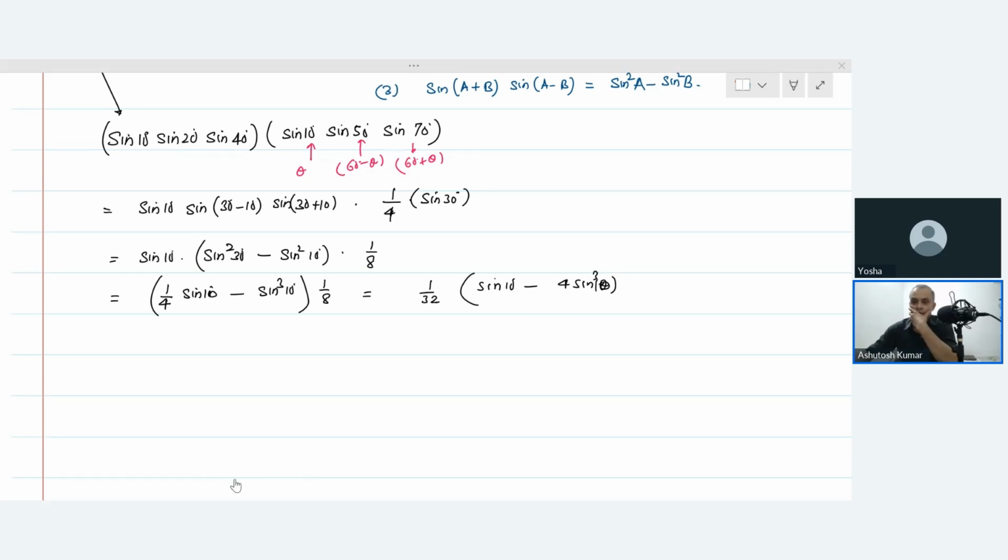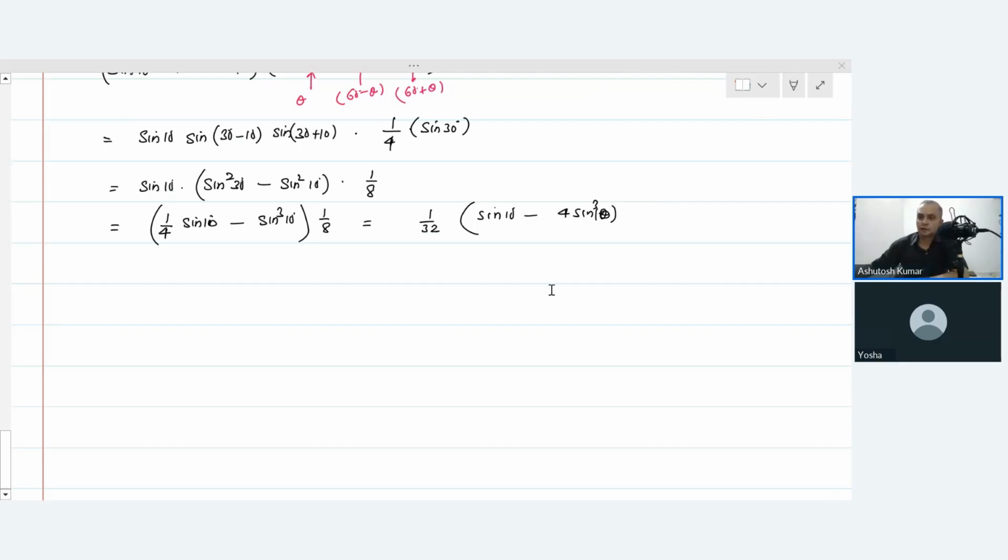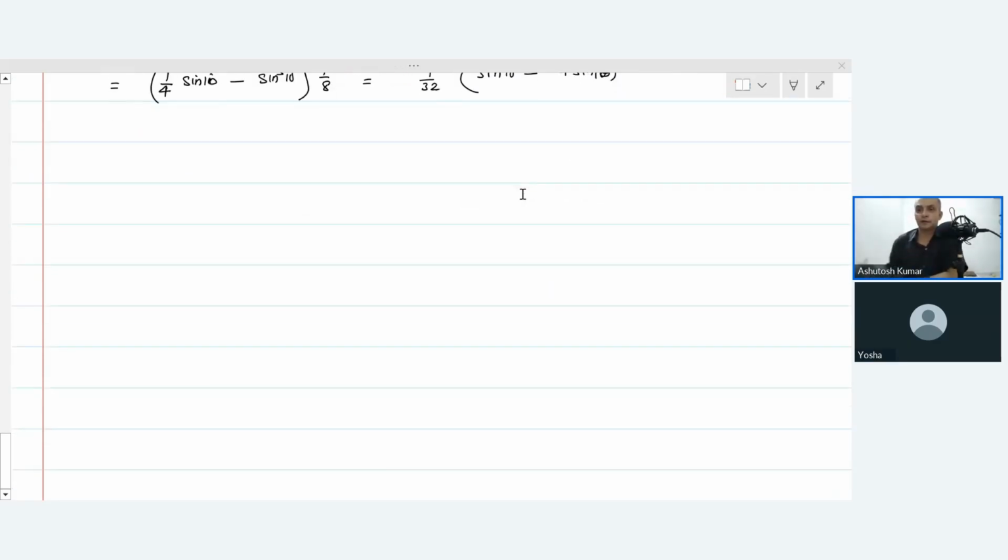So next, what we should do. Wait, sine of the summation k goes from, let's say, 0 to n minus 1, and sine of theta plus kd. Have I solved this?